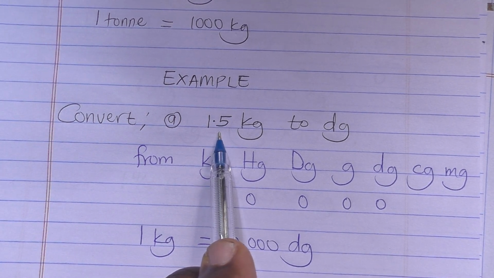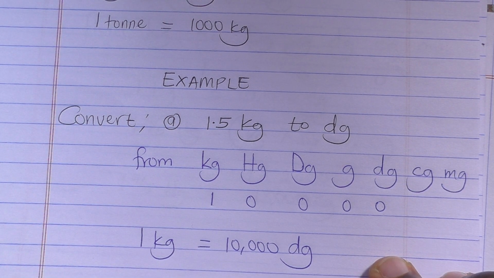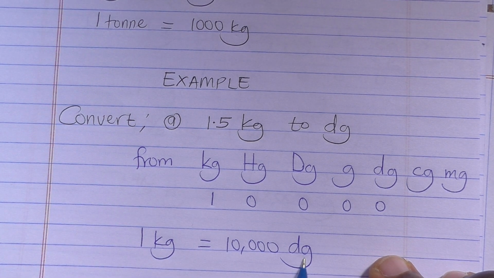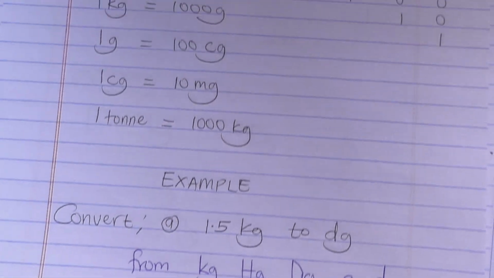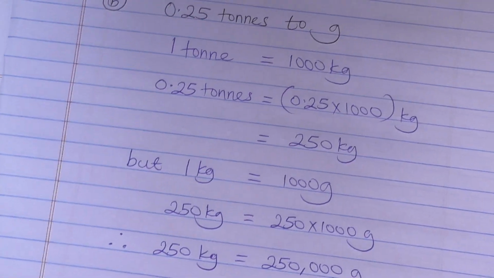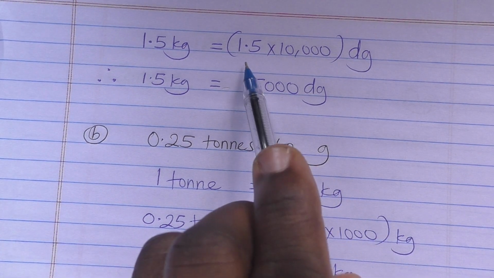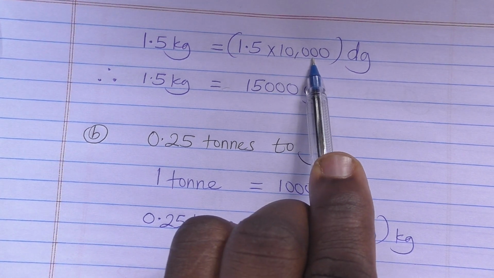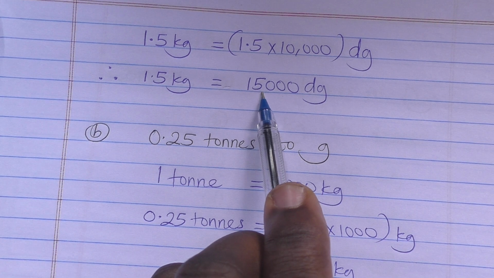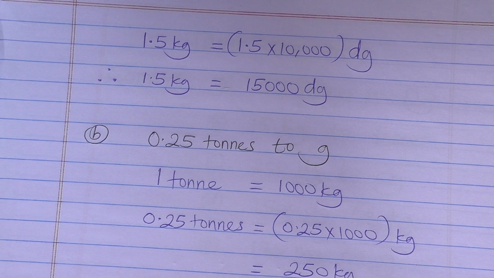Then what about the 1.5 kilograms? That means that since we are changing from a bigger unit to a smaller unit, we shall multiply, and that will give us 1.5 kilograms equaling 1.5 times 10,000 decigrams, hence giving us 15,000 decigrams.